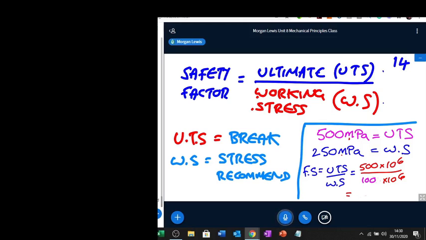It's going to be 5. Now the plane may be stronger because you've designed it to be stronger, so it's safer, or you're just going slower, or not flying as far. Okay, a safety factor of 5 is safer.